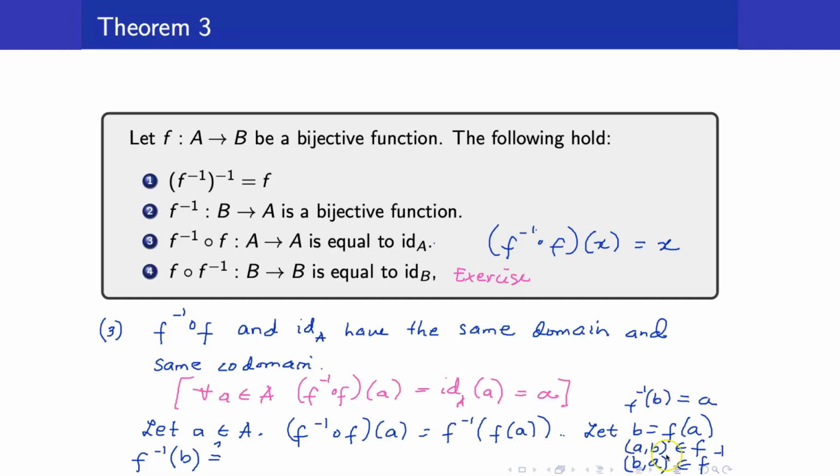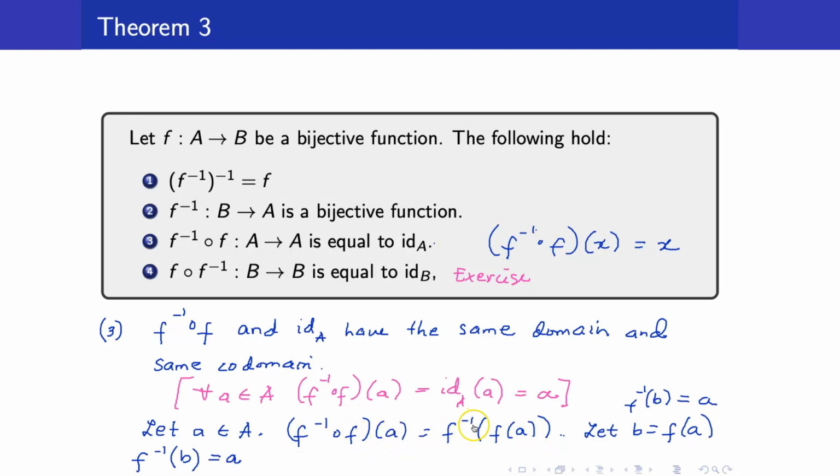So I will erase this. Since here, B is equal to F of A, that means that F inverse of B is equal to A. But then, what have we shown there?